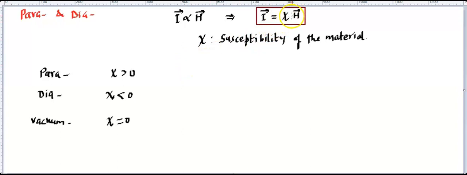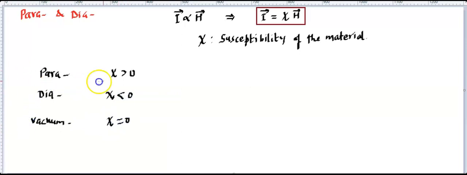Even if we apply this H in vacuum, you will find this I will not be there, because in vacuum there are no molecules, no atoms, so no dipole moment, so no reorientation, right? So that means for vacuum, zeta is 0. So these numbers we can remember.